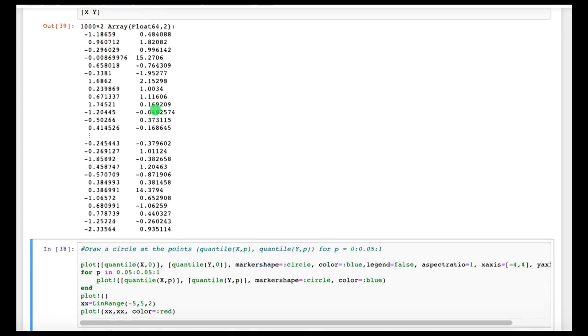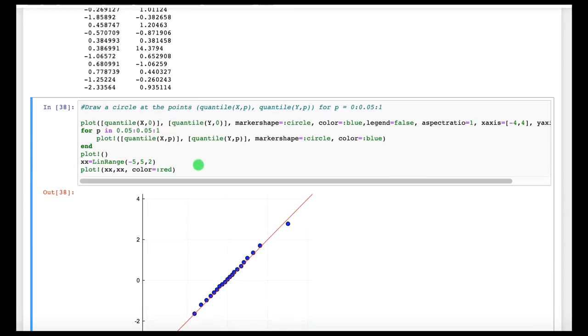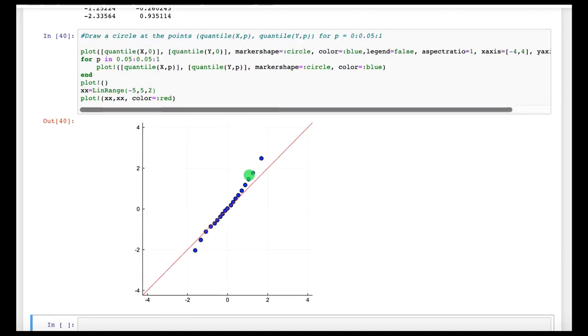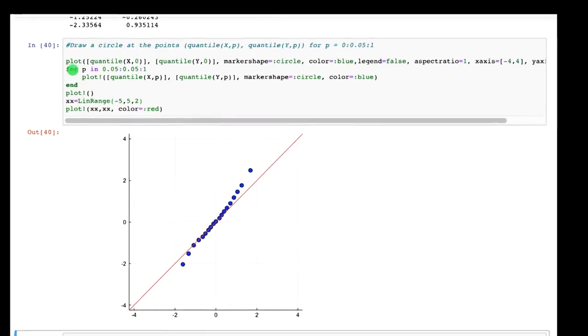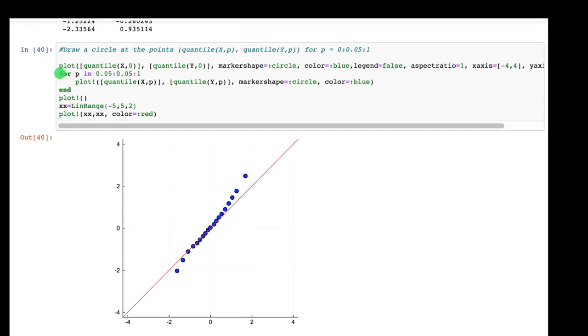Again, we have 1,000 points and we're going to draw a QQ plot with 20 points on it. As you can see here, they deviate significantly from the straight line, and therefore the two distributions are not the same. In the code here, I've drawn each point individually using a for loop. Of course, this is not the most effective way of doing it.